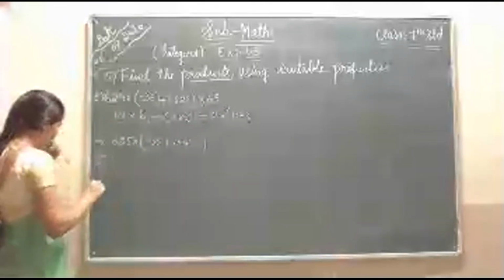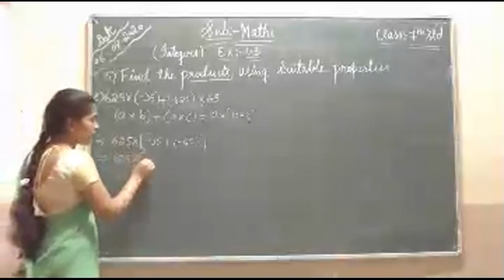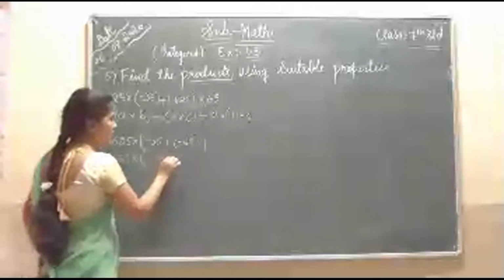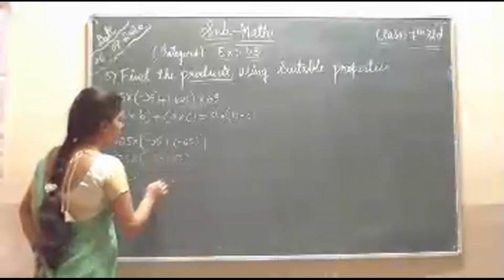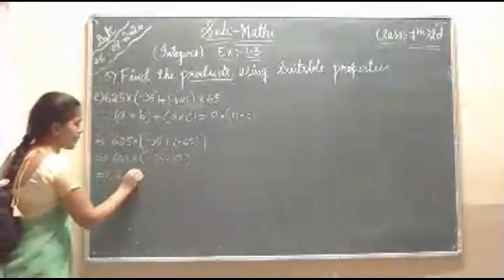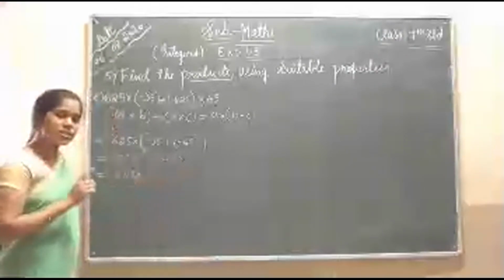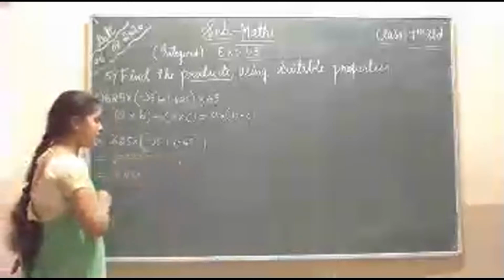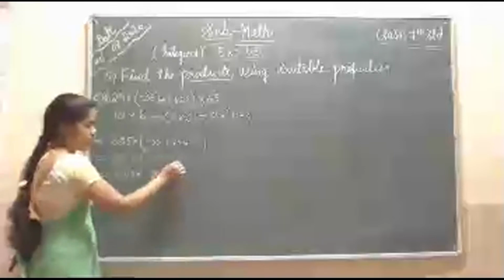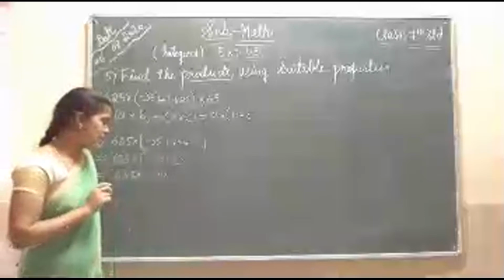Now keep 625 as it is. Minus 35 plus into minus 65. Okay. Now add this. 625 keep as it is. Here minus minus, I said minus minus plus. So 65 plus 35 is 100. But in addition or subtraction, you look at the greater number when keeping the sign of the answer.